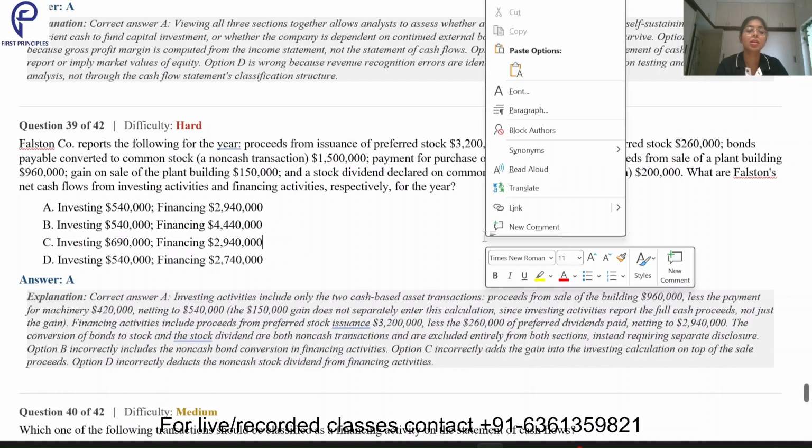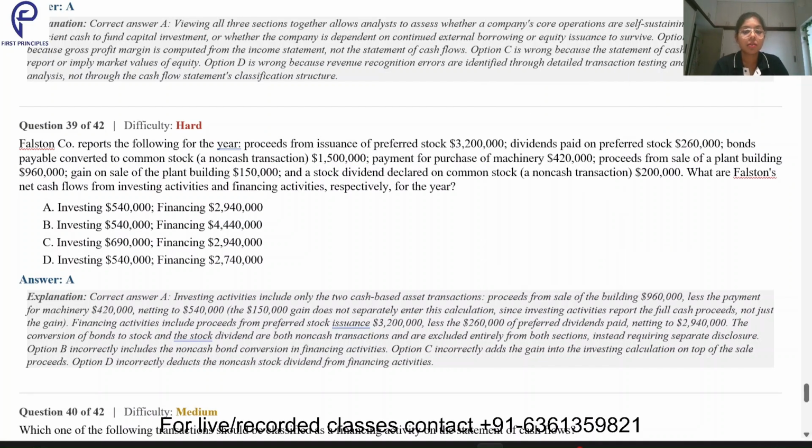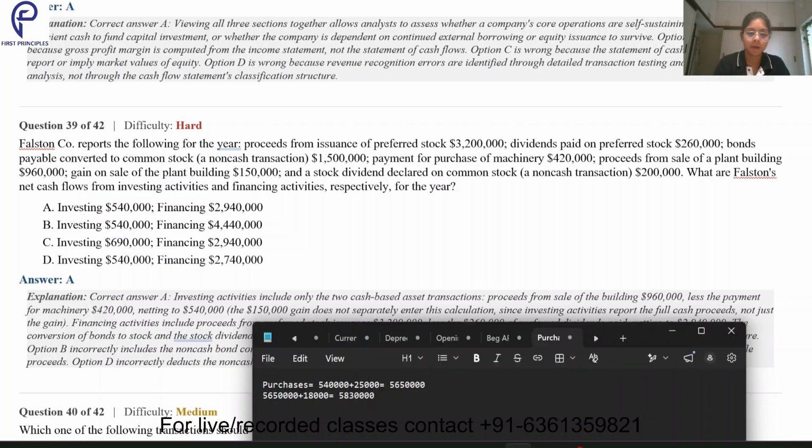Question number 39. So we have to calculate, let's read the last line, what are the Alston's net cash from investing and financing activity. So we have to calculate the investing and financing. In such cases, I just do one thing. I will write I for investing and F for financing, because I am seeing multiple numbers here. So that should be my approach. Now, investing and financing.